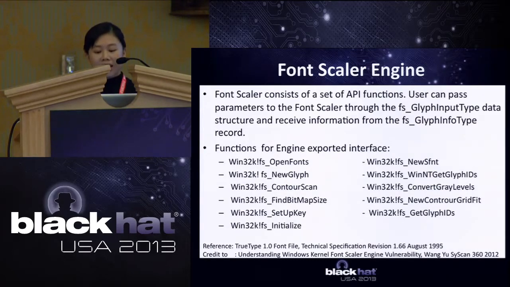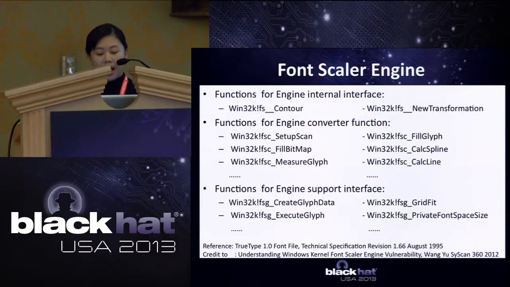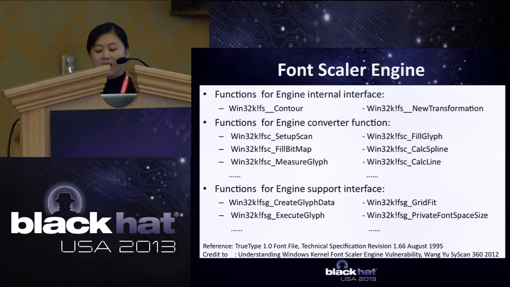Other APIs such as Win32 KFS new glyph, Win32 KFS control scan, and etc. And the API functions also include the engine internal interface, engine converter functions, and engine support interface. And all these APIs are shown in this slide.